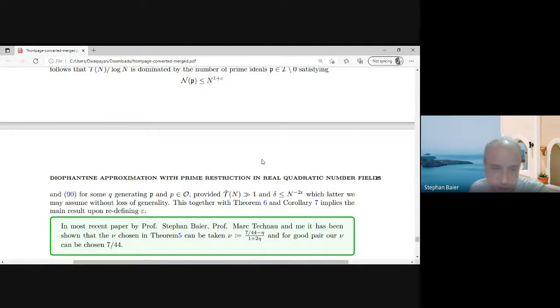But in the setting of the field Q(square root D), it's reasonable to conjecture that actually all pairs are good. What we have shown is that almost all pairs are good, and we have constructed some concrete good pairs. I could make some more comments, but okay, that's fine.